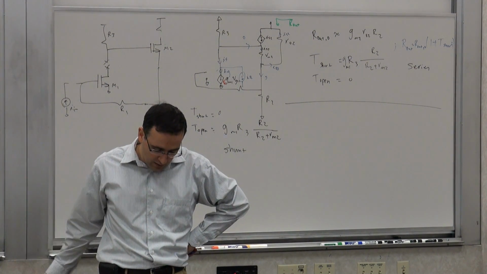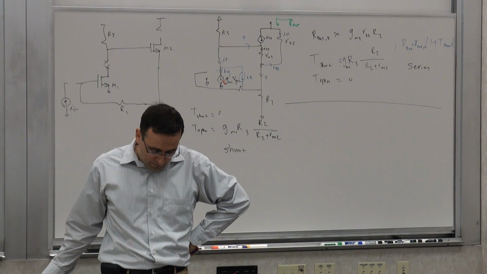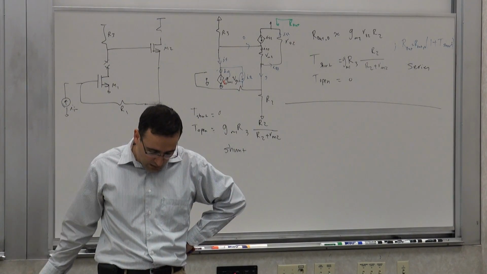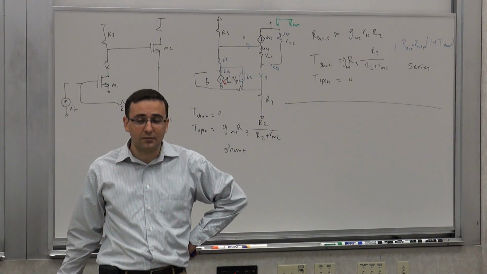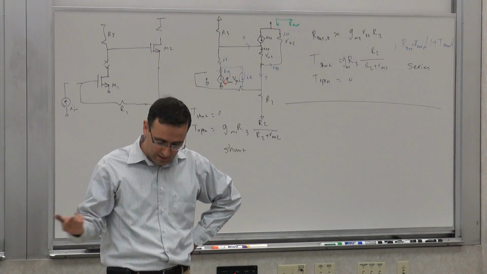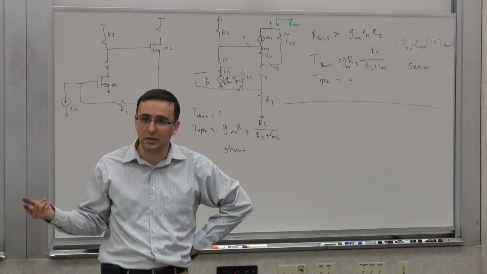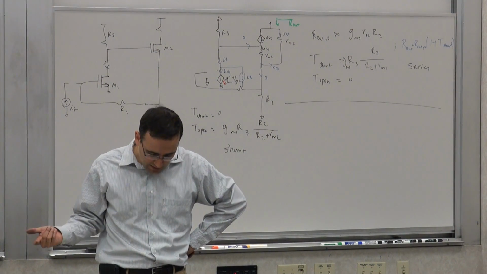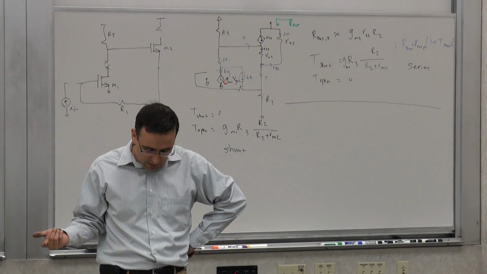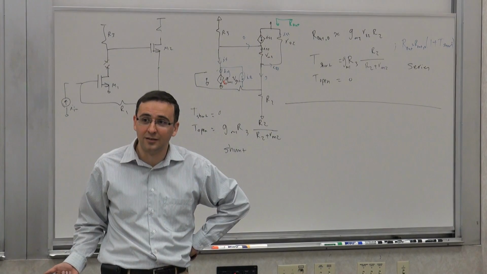R1 is 900 ohms, R2 is 100 ohms, and R3 is 5 kilo ohms. Hand analysis predicts an R out of 203 kilo ohms. If you do SPICE, you see a low frequency resistance of 203 kilo ohms.